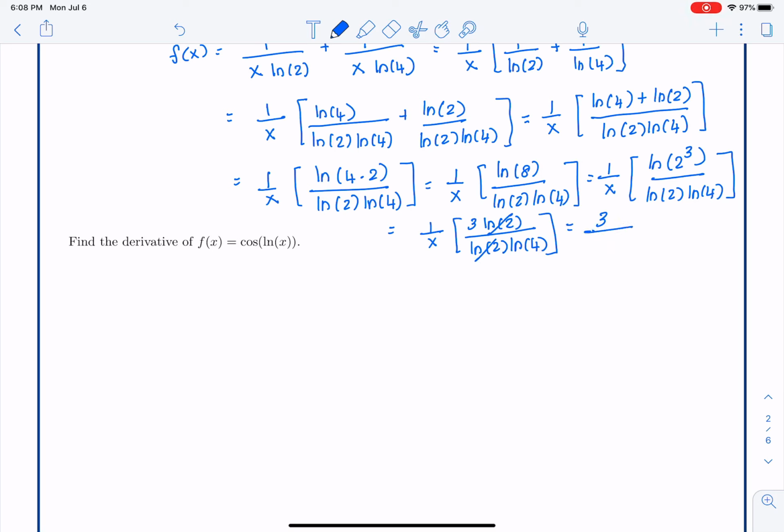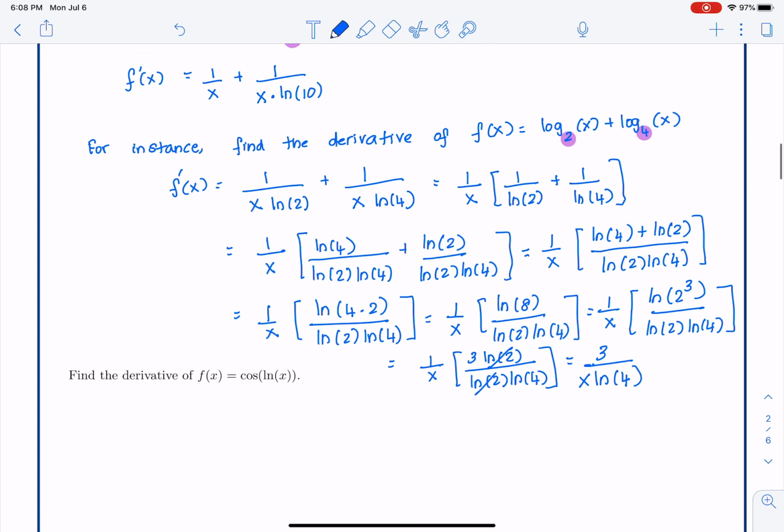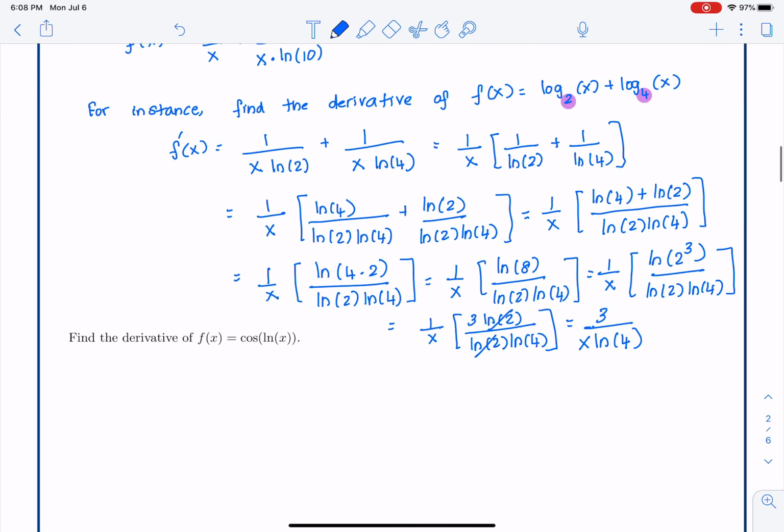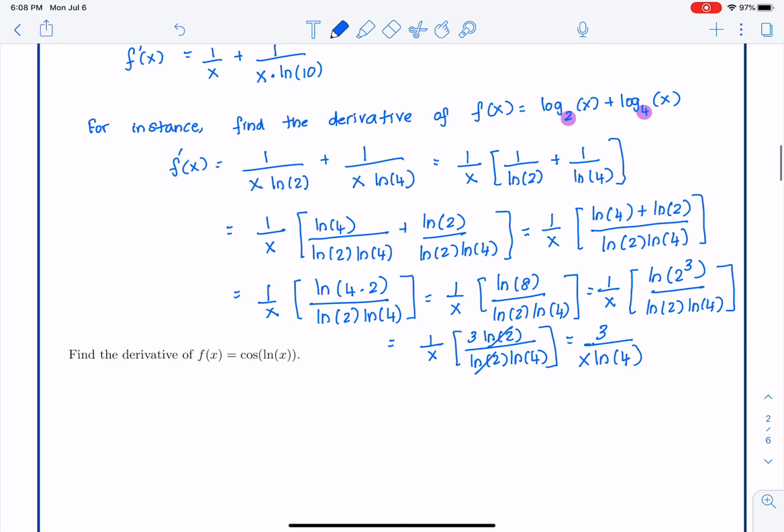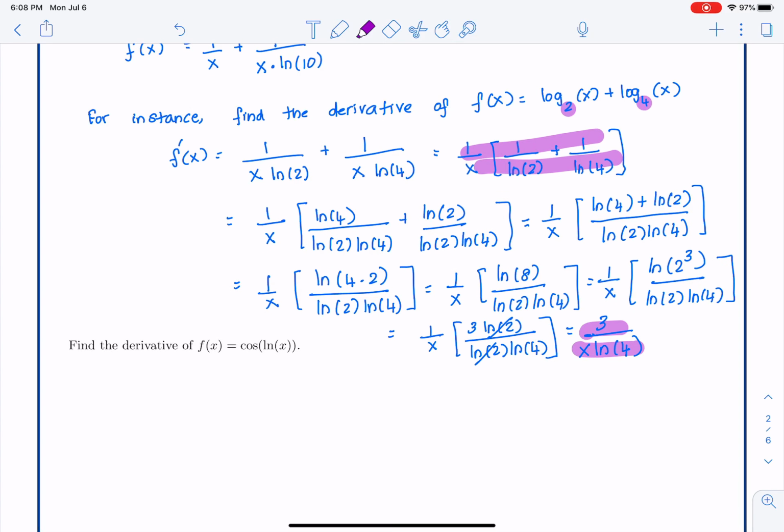And the answer is 3 over x times ln of 4. And that is the final answer. Now, what looked like a giant expression when we first found the derivative simplified to that nice little expression. And that is possible because we know the properties of logarithms.